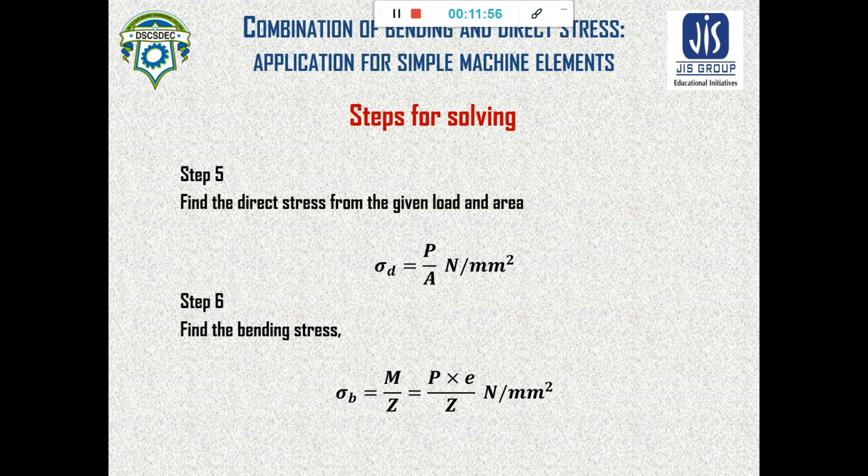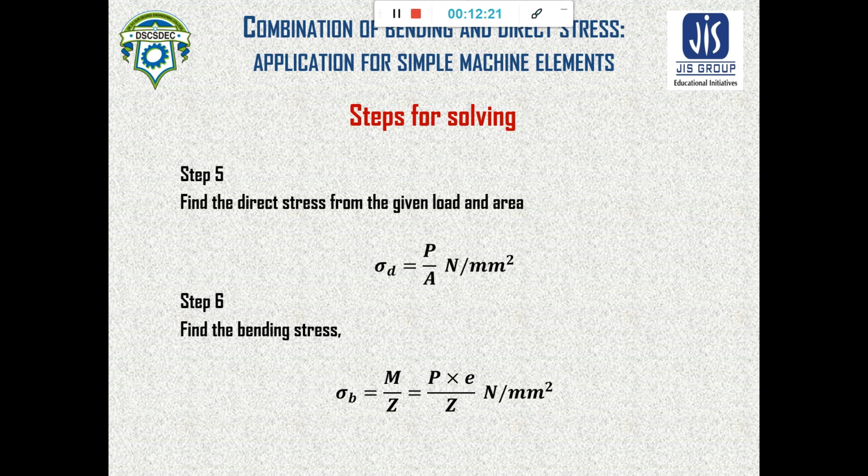So from here we can say that sigma B, the bending stress value, is nothing but M by Z, and M is equal to what? M is equal to load into eccentricity, because eccentric loading is there, so the bending moment will be the load times the distance from the axis, that is our eccentricity.